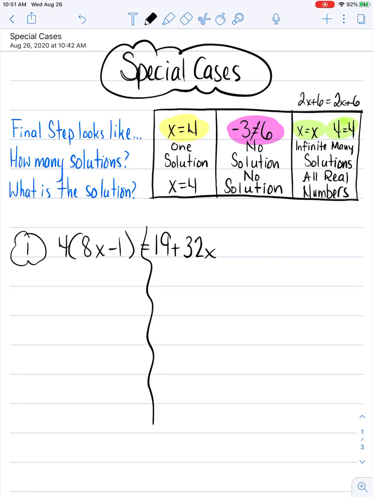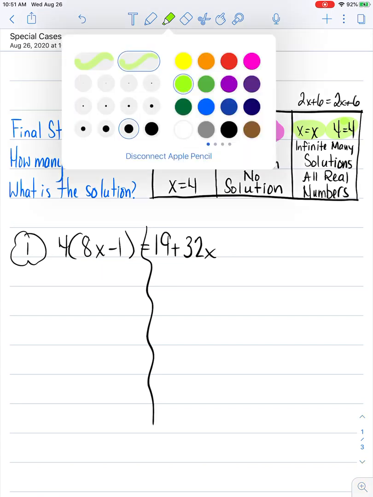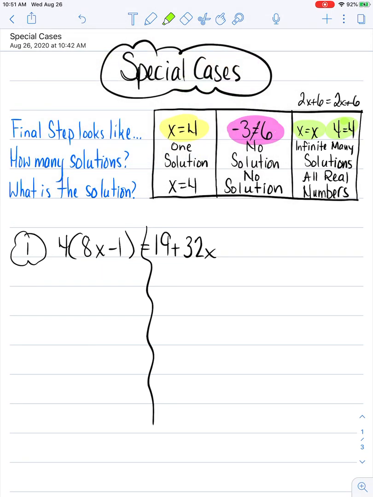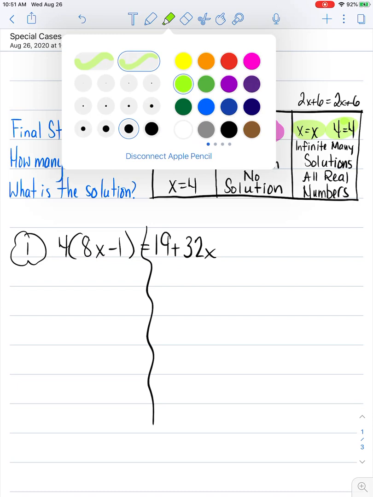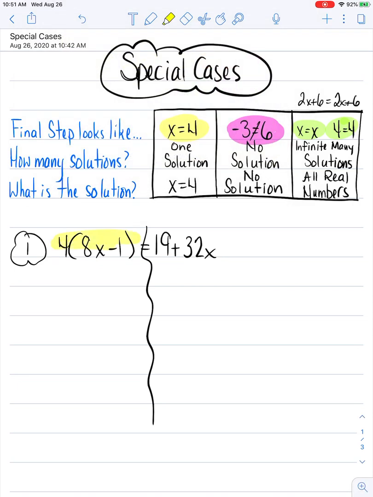I don't see any fractions or decimals. I do see the distributive property. So 4 times 8x is 32x, and 4 times -1 is -4. Bring down your equals, 19 plus 32x.